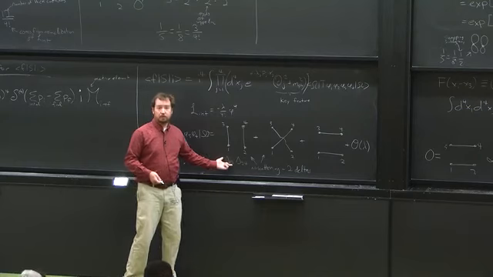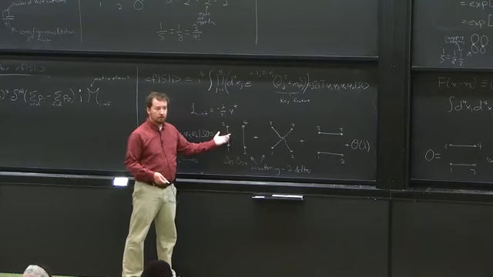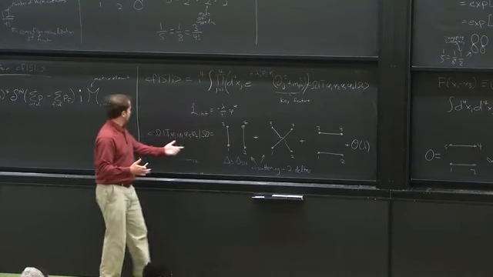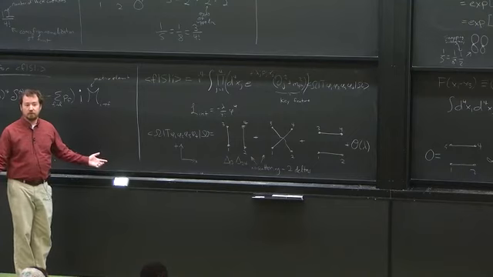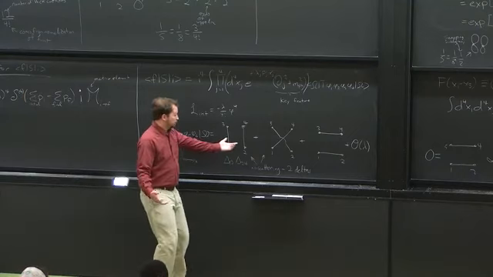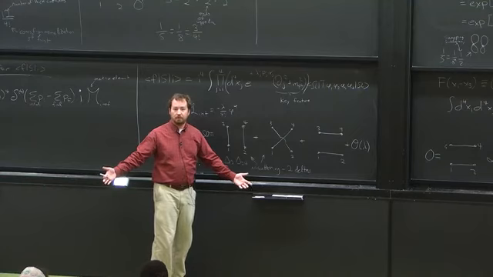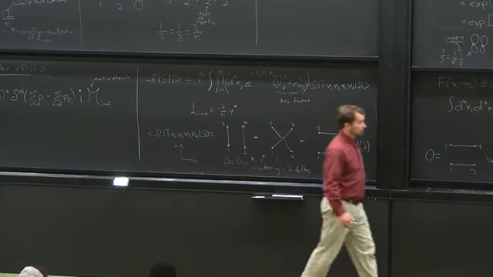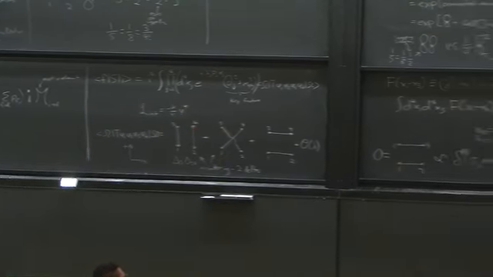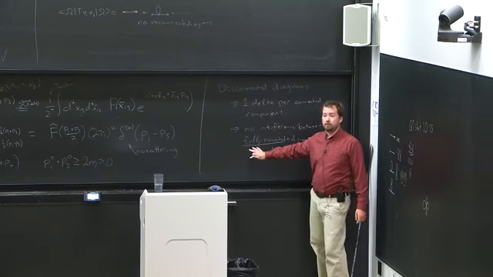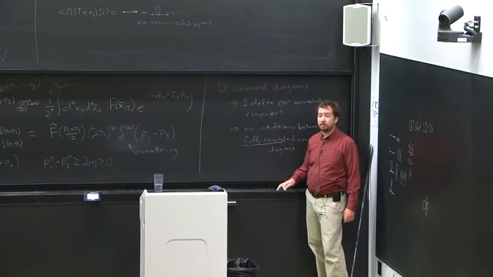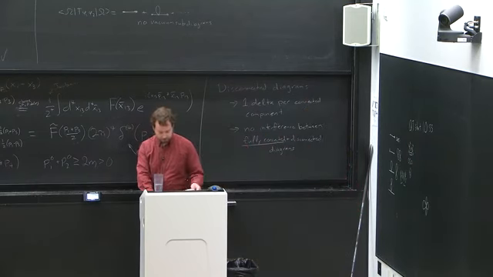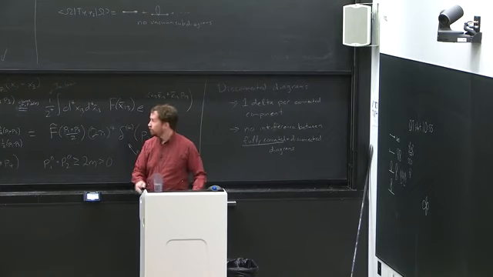If P1 is equal to P3, then this diagram has an extra delta, so it's infinitely larger than the fully connected components. So either this is zero or it's much bigger than the fully connected piece. So there's no interference in either case. So we can consider these diagrams separately. And for most purposes, we will restrict ourselves to the fully connected diagrams because those are the most interesting diagrams.